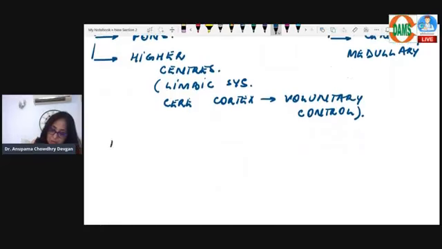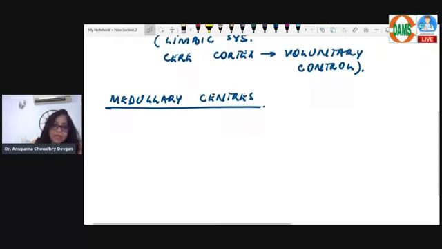Now, let's have a look at the medullary centers. What is the role of the medulla?